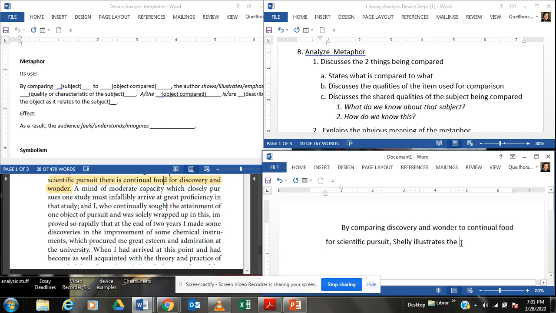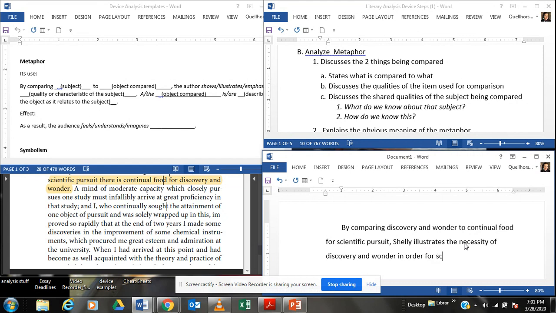All right. So Shelley illustrates the necessity of discovery and wonder in order to thrive. Let me change that.